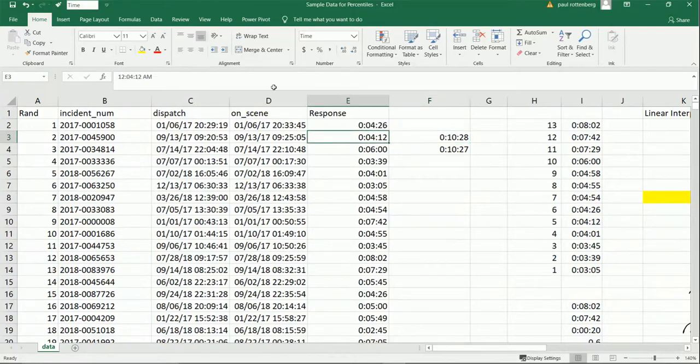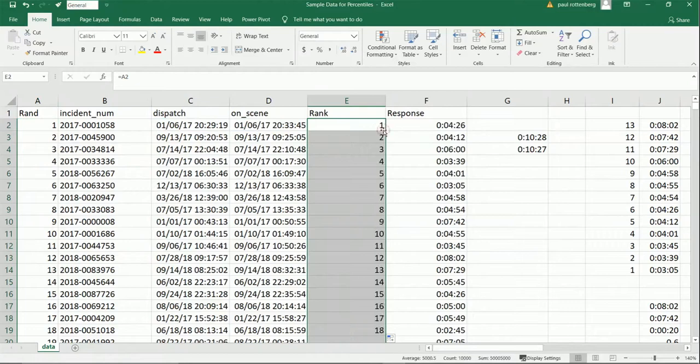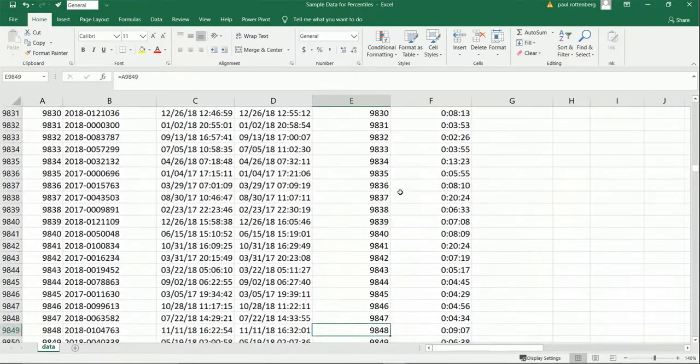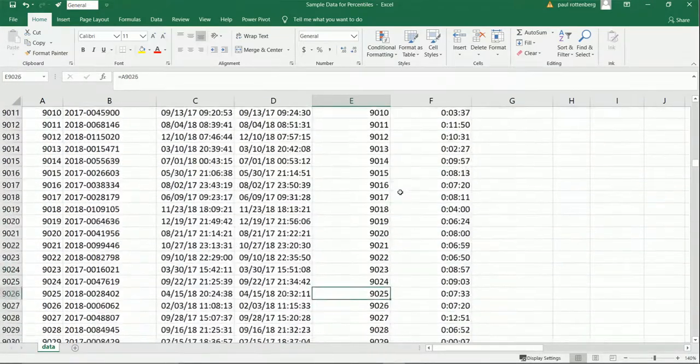And the reason it's almost certainly a rounding issue is if I were to insert a column here, and let's say I take these rank orders from over here, and I fill them down, the interpolated values, given that we're talking about 10,000 records here, let's go to the value associated with rank order 9,000 and see what it is.